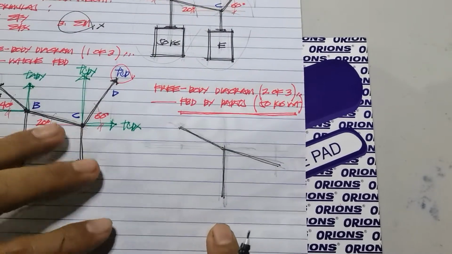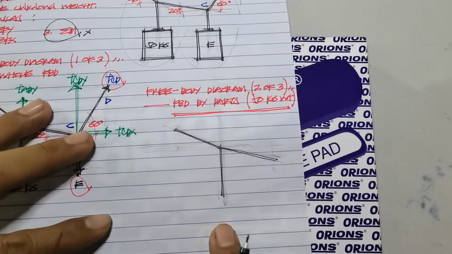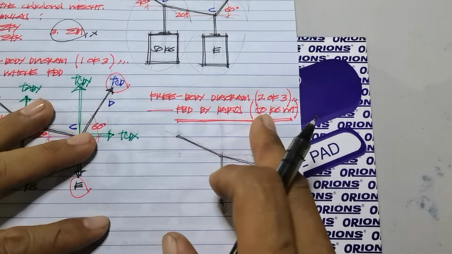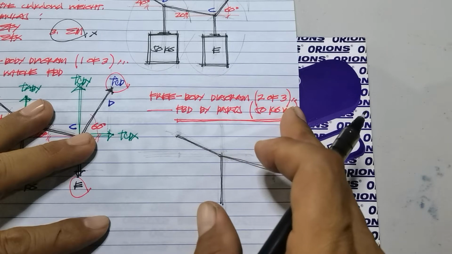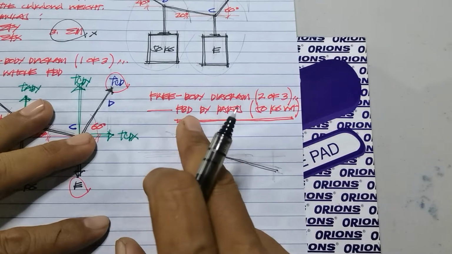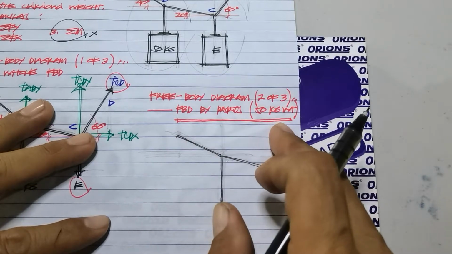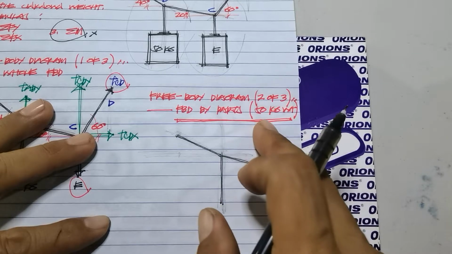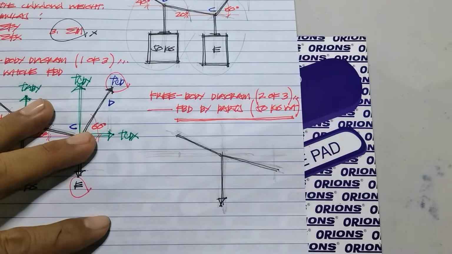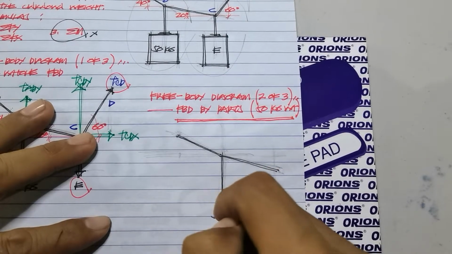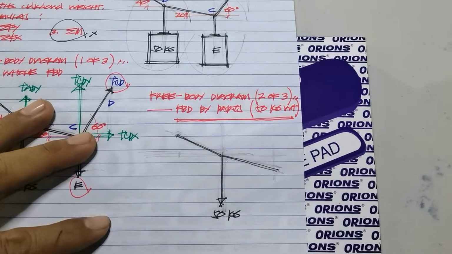So again, this is our isolation of the free body diagram. 2 out of 3 possible free body diagrams, or free body diagram by parts. So, let's consider the one with given data, that of the 50 kg weight. Again, weight is always going down. So, 50 kg.